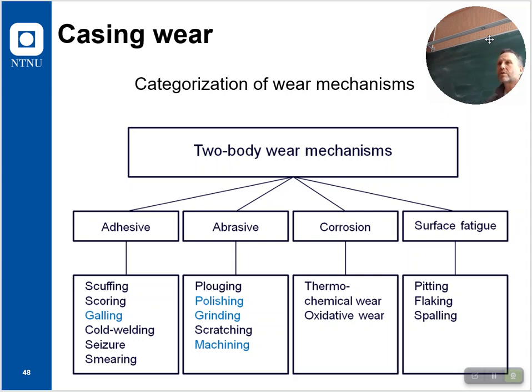Why? Because the casing wear calculations and models are all based upon testing in a jig about 30, 40 years ago, and they are set up in a specific formula, and you put in your operational parameters, and out gets a result.